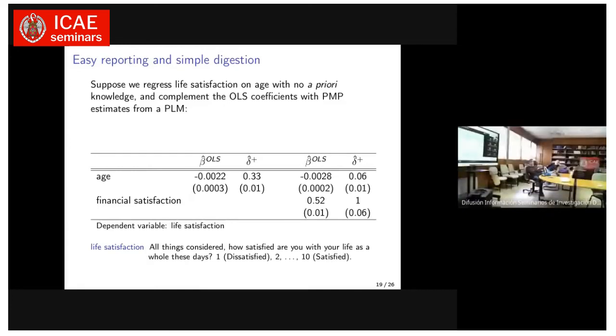Okay, maybe the difference is that the PMP captures only monotonicity, and the R square can be small not only because it's non-monotone, but also because it's non-linear.